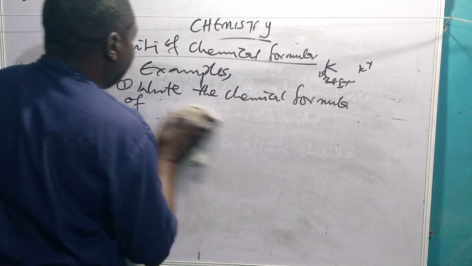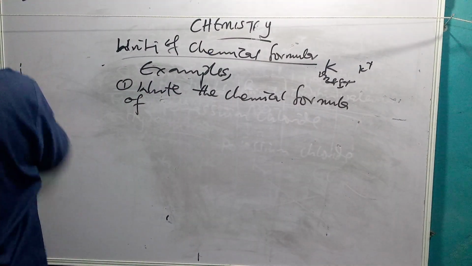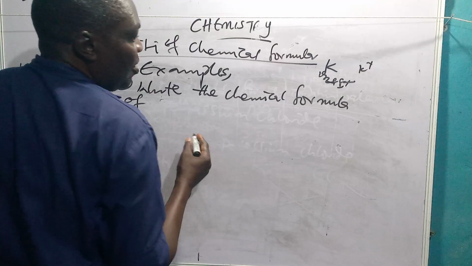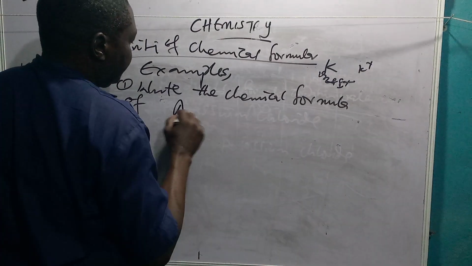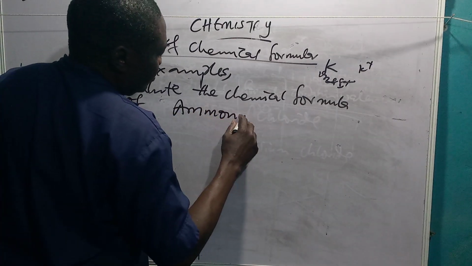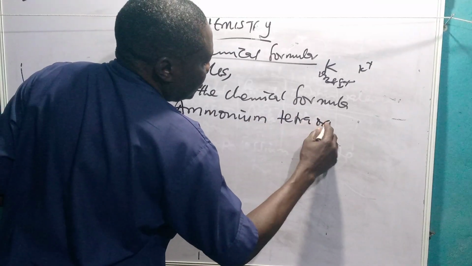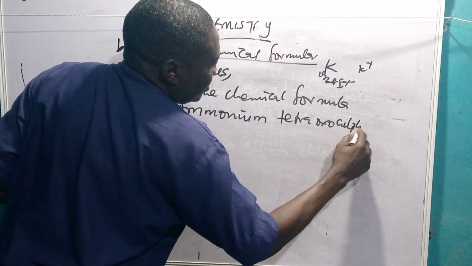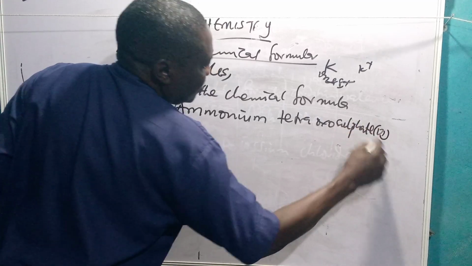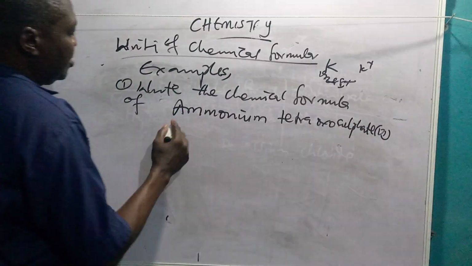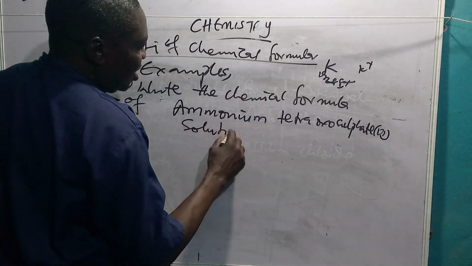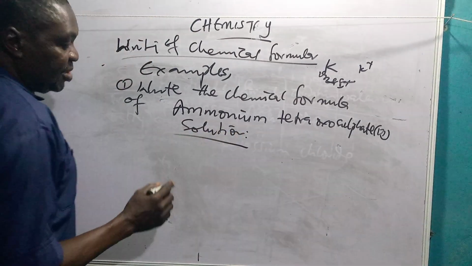Let's say we are also told again to write the chemical formula of ammonium tetraoxosulfate 6. It's a simple thing. You say solution. Always present your work in a way to be appreciated.